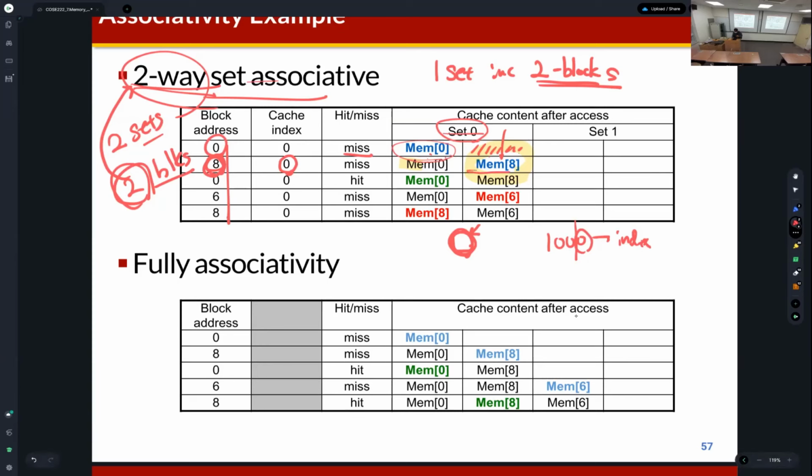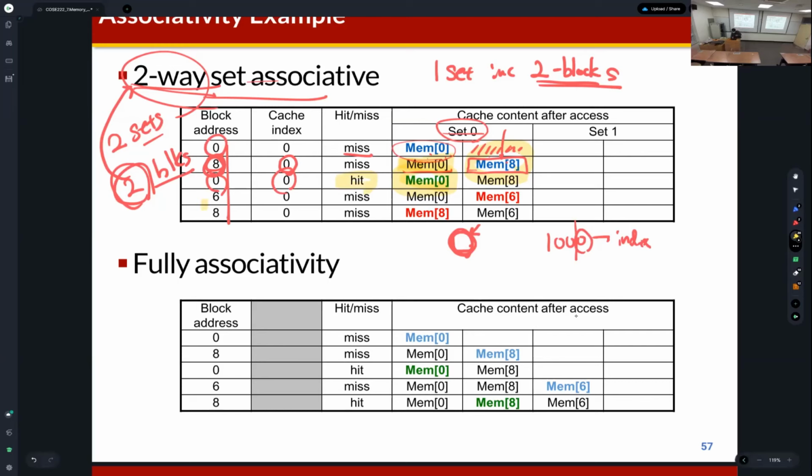So memory block A is allocated to the empty block, and memory block 0 is not evicted. Understand? And then 0. In this case, memory block 0 is not evicted from the cache, so it can be found in the cache. And this event is a hit.